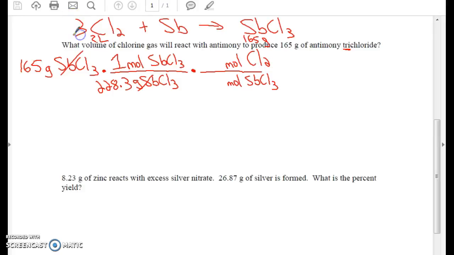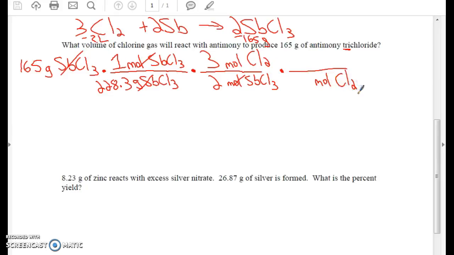When I'm doing these on the board, for some reason I forget that a lot of times. You have to have these balanced because this mole ratio step is where you need those coefficients. So it's 2 moles of antimony trichloride for 3 moles of chlorine gas. So now moles of antimony trichloride cancel out. And what we have now is moles of chlorine gas, so that's going to go on the bottom.